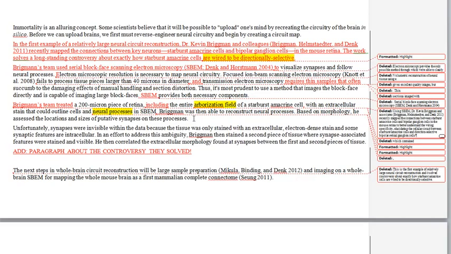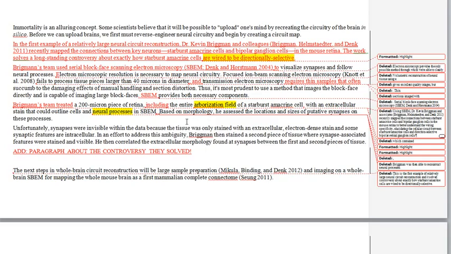Next we get to, we don't need to say Brigman was then able to reconstruct neural processes, right? That's repetitive, so we can just cut that. Then we get this sentence, based on morphology, he assessed the locations and sizes of putative synapses on these processes. All right, well, basically the idea here is that he's inferring where the synapses are based on what he can see.